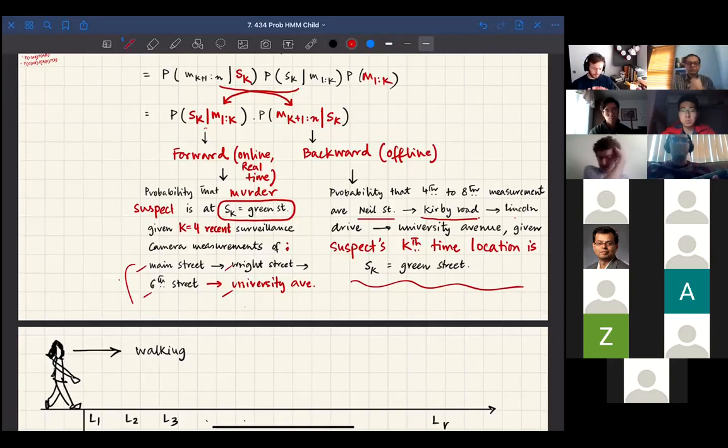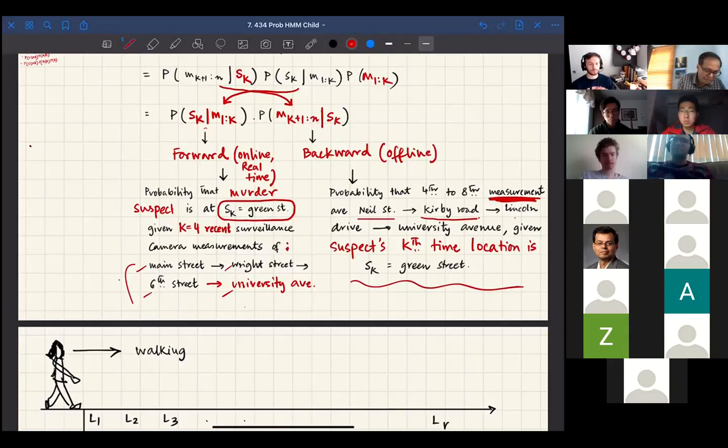I just have a quick question about this. Yes. It seems that Neal Street, Kirby, Lincoln, all of these appear to be S_Ks, right? No. These are your measurements, because these are your surveillance camera measurements. Okay. But then aren't the states similar in this case as well? Yeah.